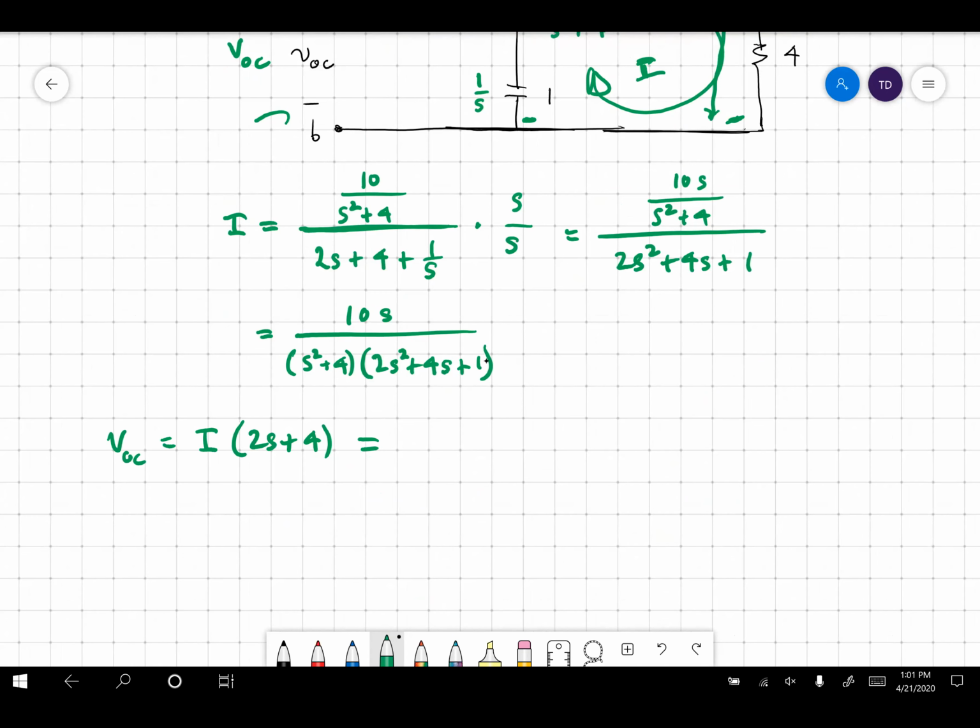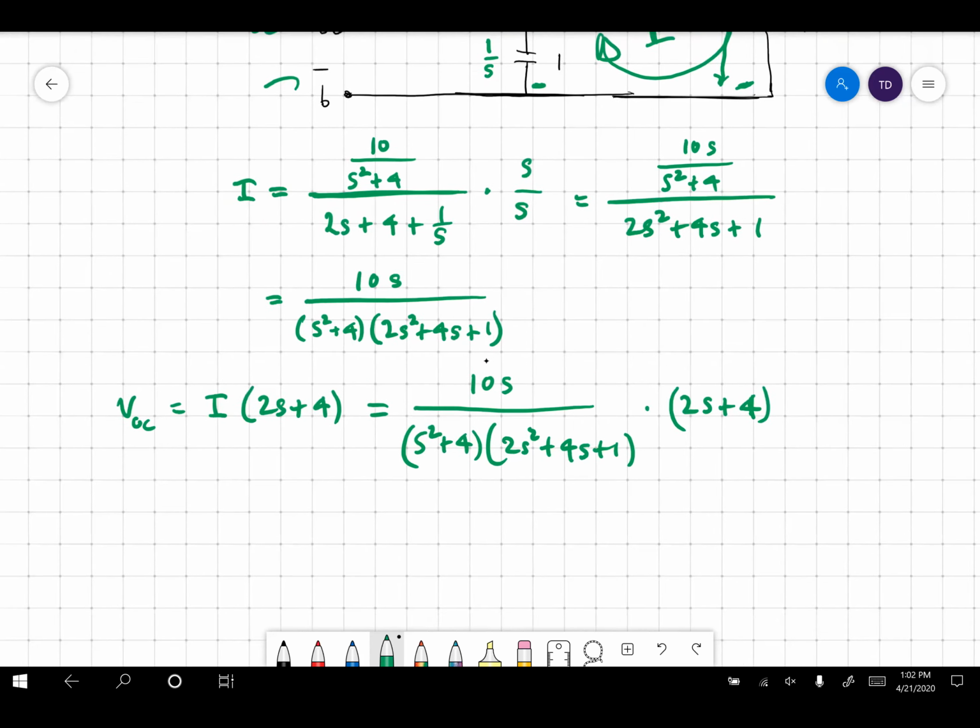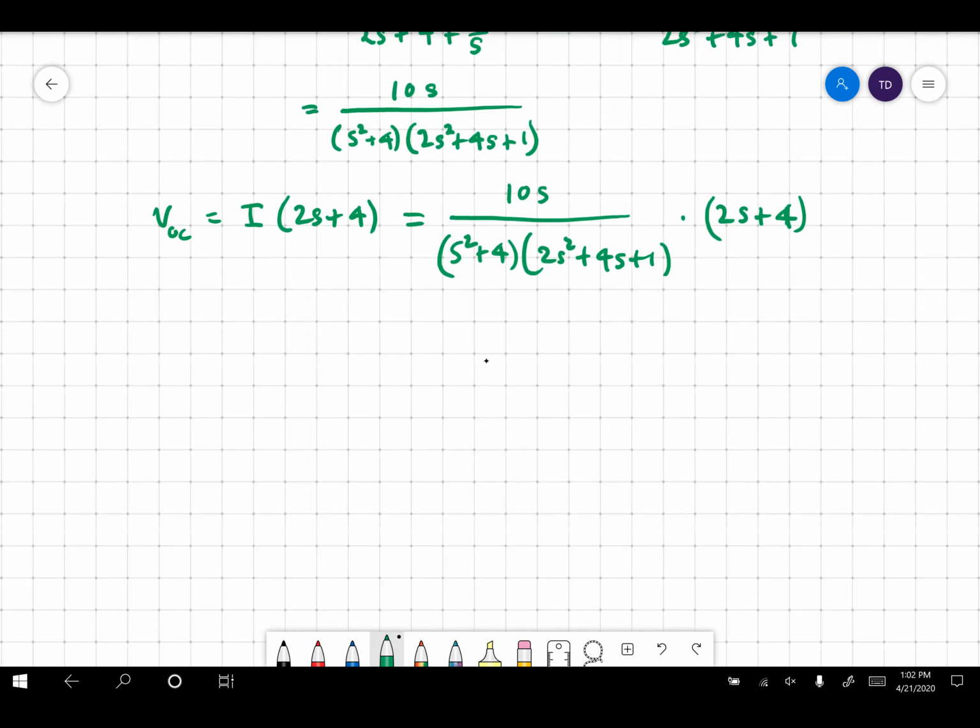Okay, that's equal to 10S divided by S squared plus 4, 2S squared plus 4S plus 1. That's I times 2S plus 4. So that is simply equal to 10S.